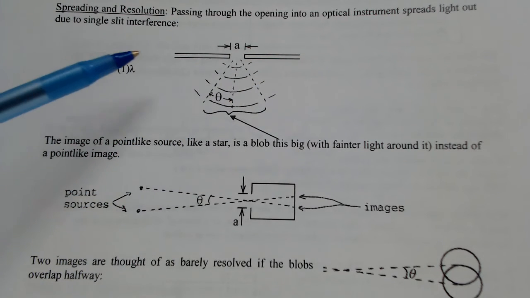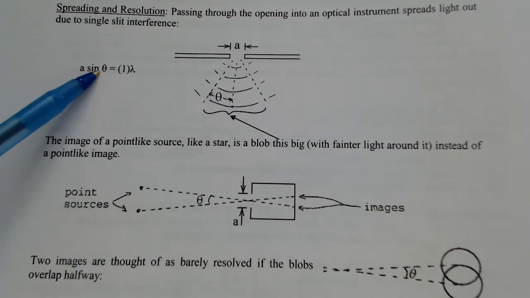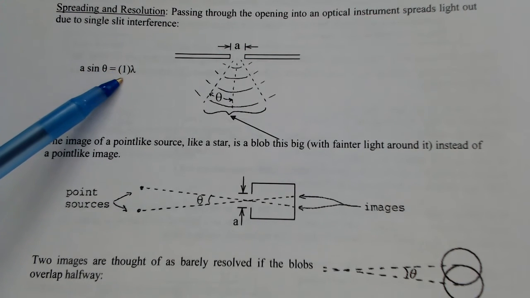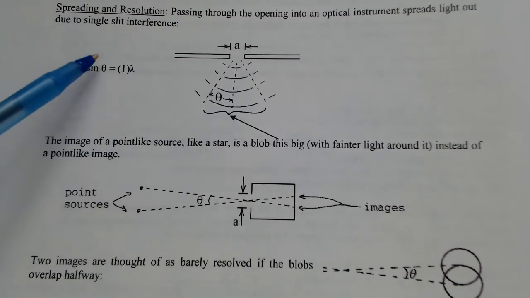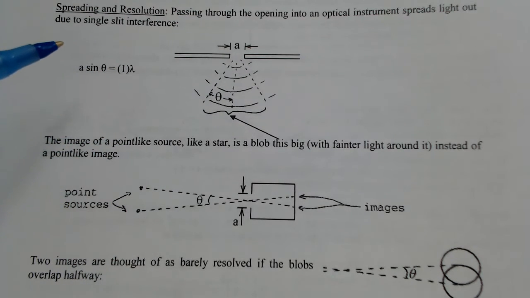You take the equation for where the first minimum is, from the previous page: the minima are at a sine theta equals m times lambda. So for the first minimum, you put in m equals 1. Well, usually optical instruments have a circular aperture.